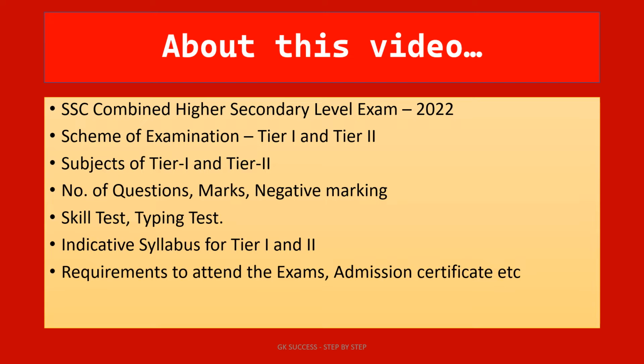The subjects involved in Tier 1 and Tier 2, the number of questions relating to each subject, the marks allotted, the total marks, and the details about negative marking. Further, we are going to see the details relating to the skill test and typing test. The indicative syllabus for Tier 1 and Tier 2 will also be discussed here.